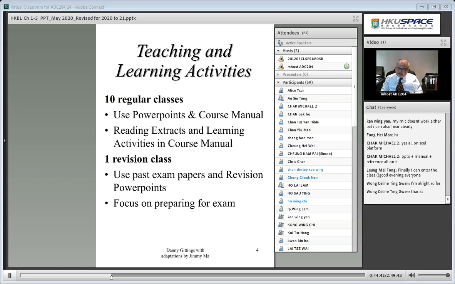We will then be using some past exam papers for revision purposes, and we'll focus on the preparation, and hopefully we'll be able to give you more practical guidance on the preparation. So any questions so far?